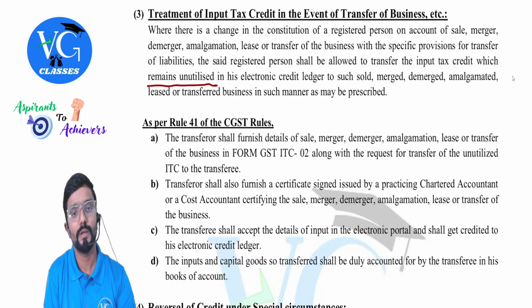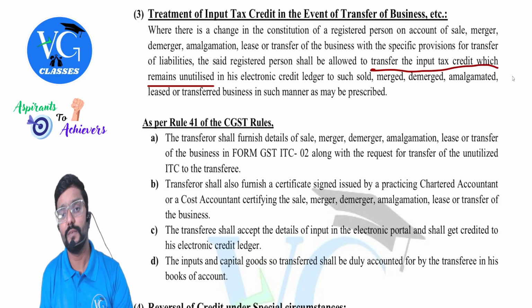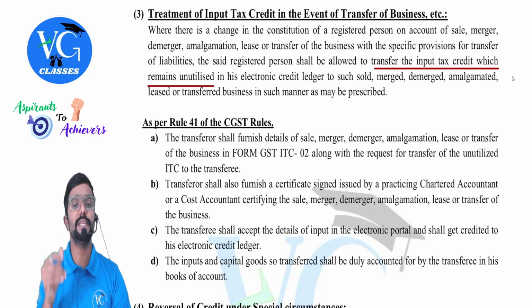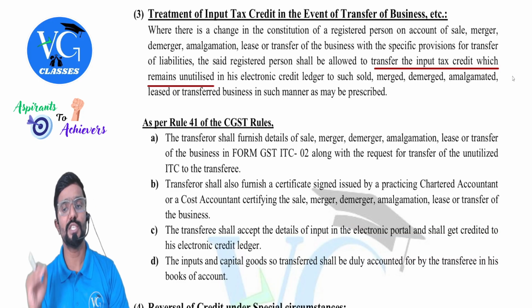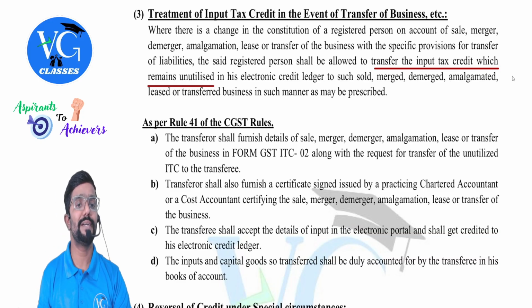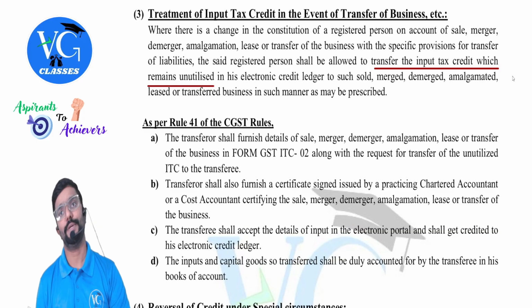Underline that. So, the credit can be transferred which is unutilized in his electronic credit ledger to such sold, merged, demerged, amalgamated, leased or transferred business in such manner as may be prescribed.